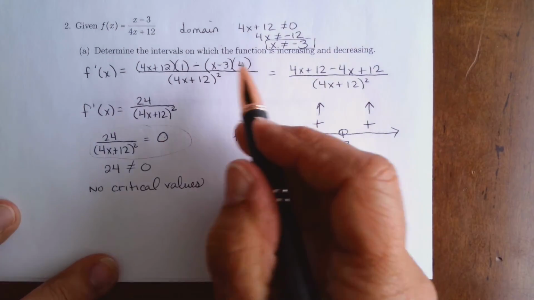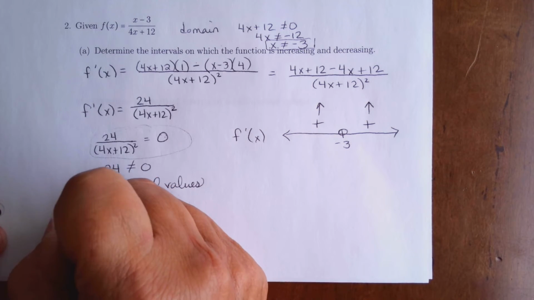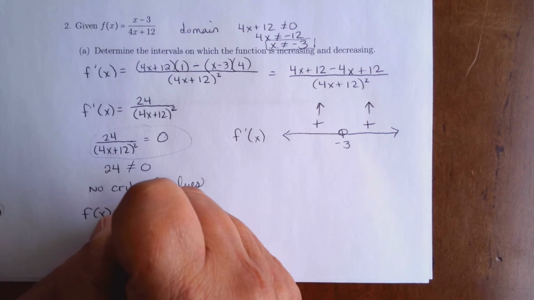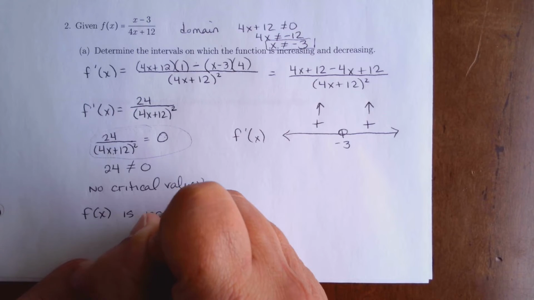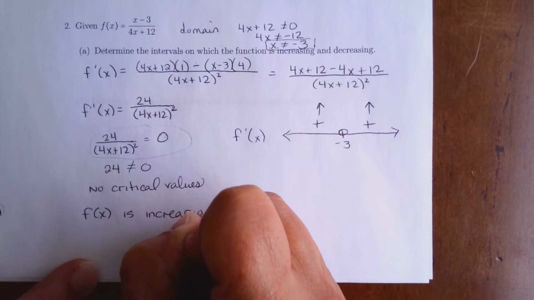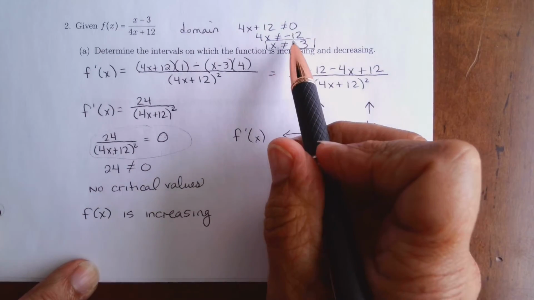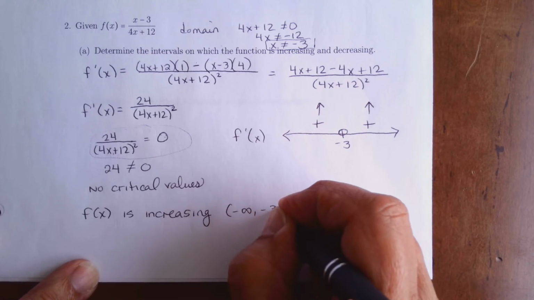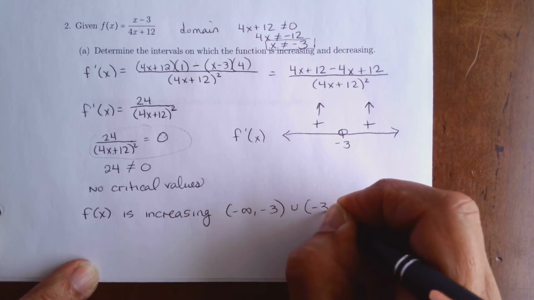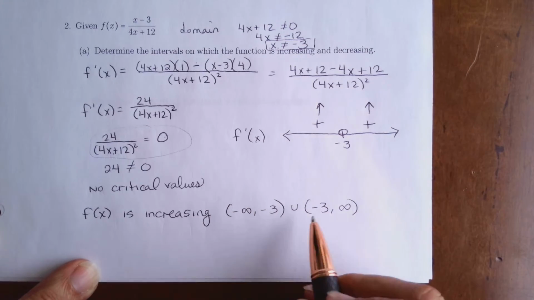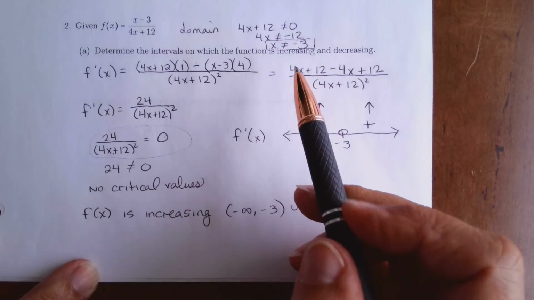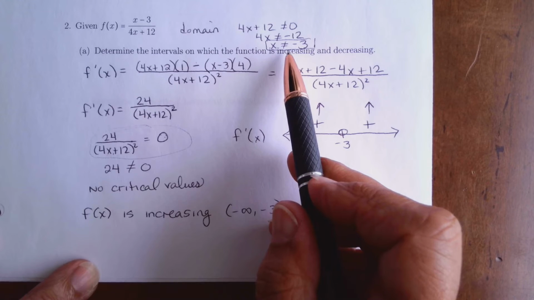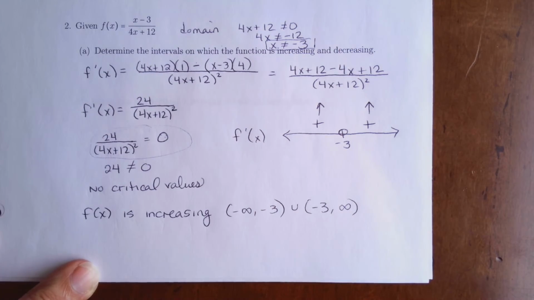So where is my function increasing? This is why I'm telling you that. f of x is increasing, but you can't say from negative infinity to infinity because you can't use negative 3. So we have to say from negative infinity to negative 3, and then negative 3 to positive infinity. Not because that's a critical number, but because it's not part of the domain. So that's different.